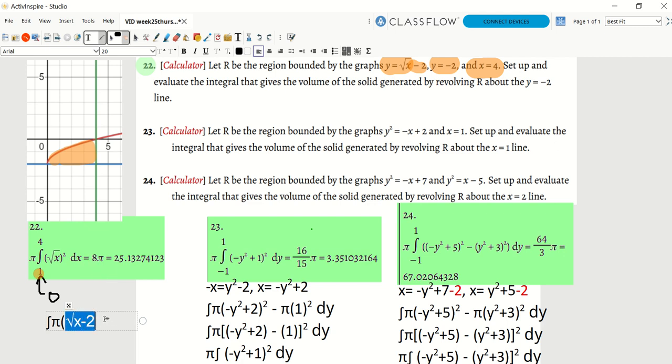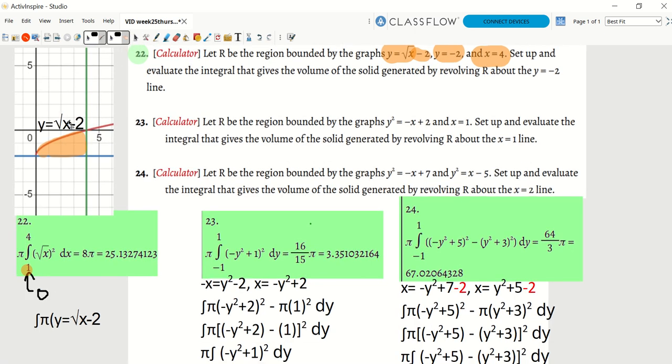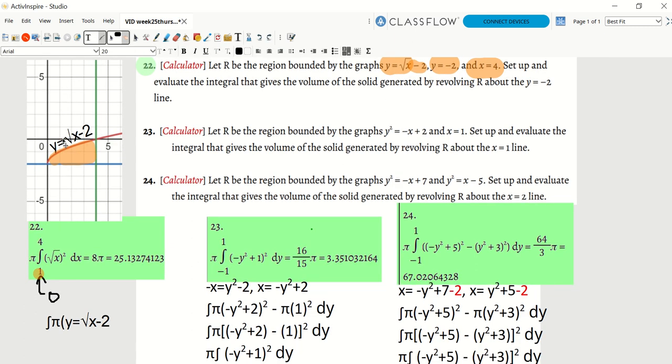We're going to go root x minus 2. Here, let me just visually show you guys like this. This is y equals root x, like that, that's for the red. And this is going to be y equals negative 2 for the blue.